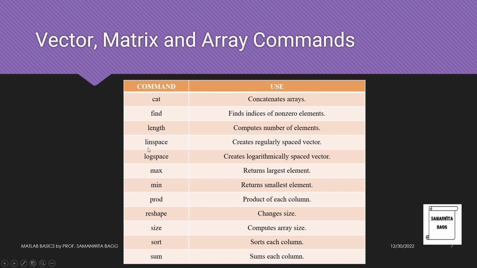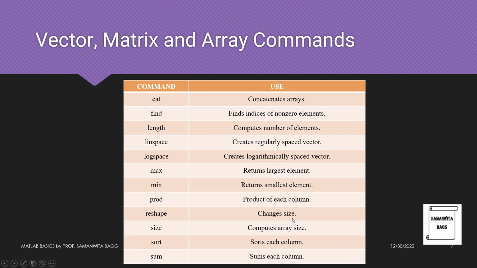Linspace, L-I-N-S-P-A-C-E, be careful with the spelling, creates a regularly spaced vector. Logspace creates a logarithmically spaced vector. Max returns the largest element. Min returns the smallest element. Prod is used for the product of each column.